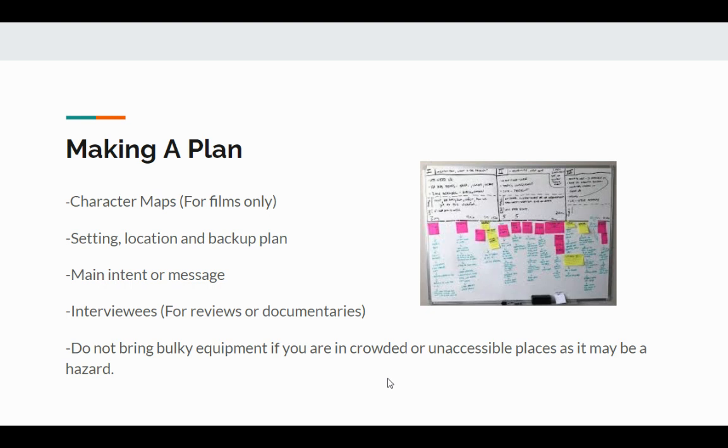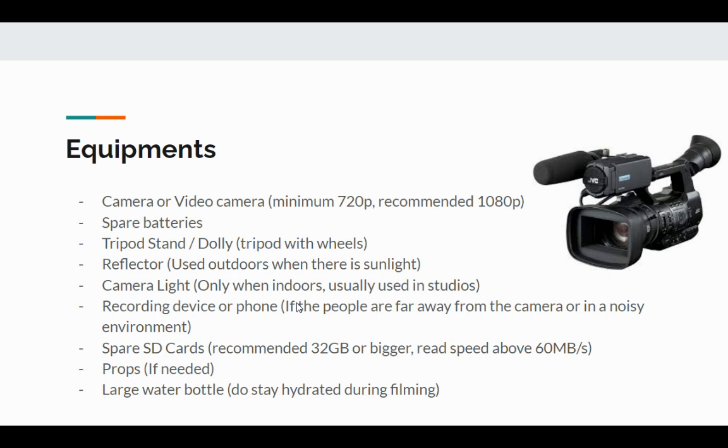This would actually cause a lot of interruptions and would affect the flow of human traffic and cause crowding. And some people may not want to be captured and they may be mistaken. So always try to go small if you are in a crowded or less accessible place, like somewhere where many people are passing by. Next slide.